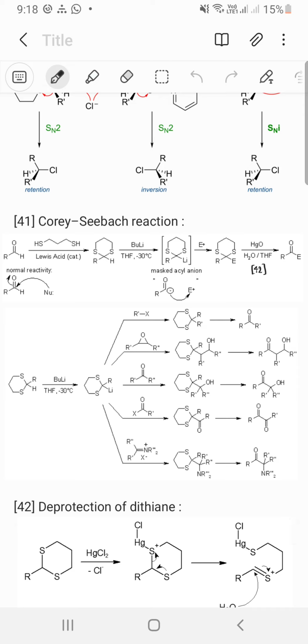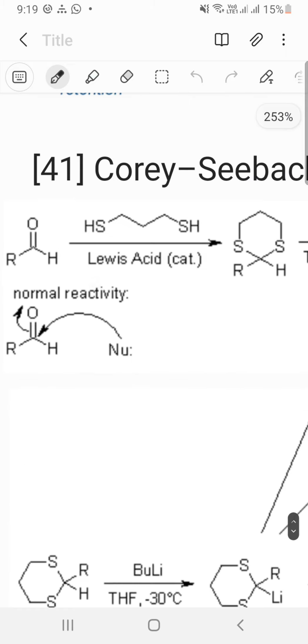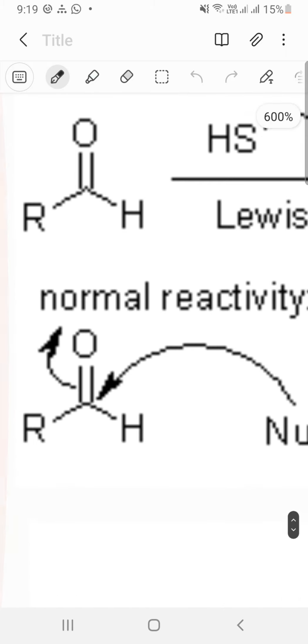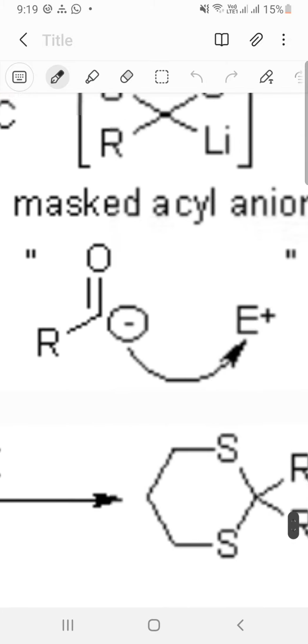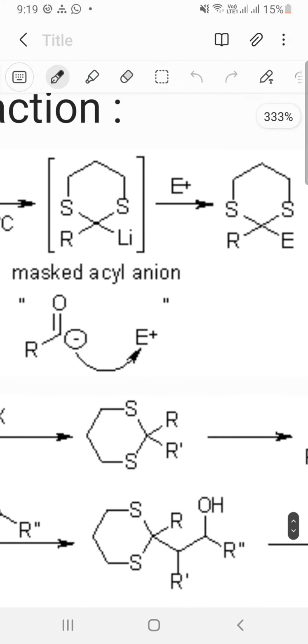Yes, this thing. So dithiane, when added, makes this hydrogen acidic. So when you put BuLi over there, it creates this anion, and that changes the site at which an electrophile would attack, basically. Normally, an electrophile would attack at the oxygen, but in this case, it's attacking over here at the carbon.